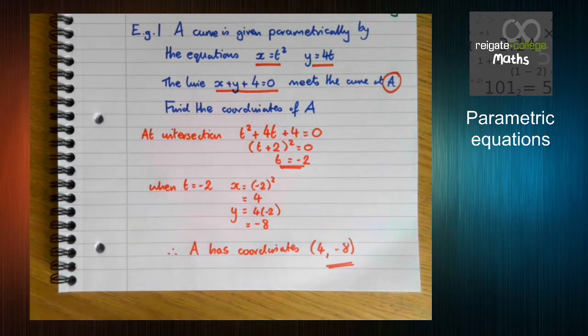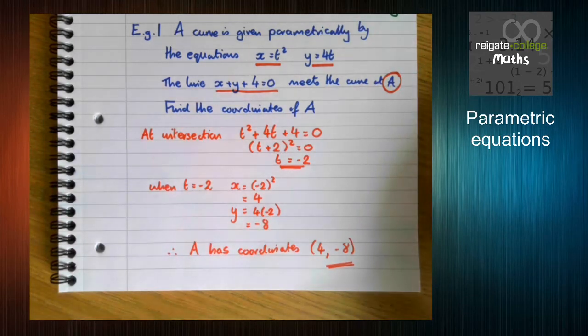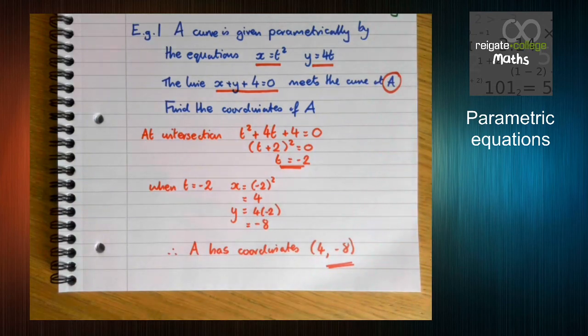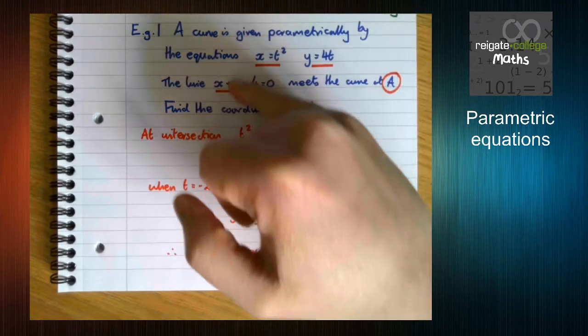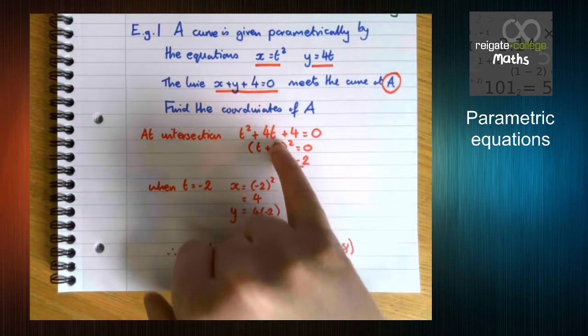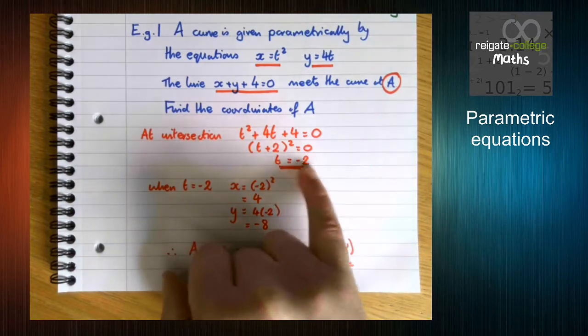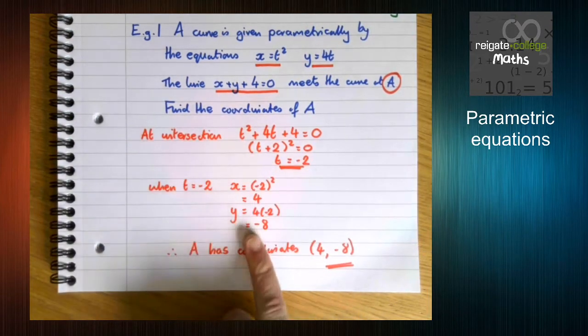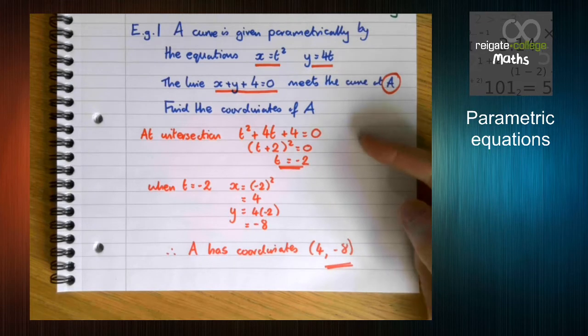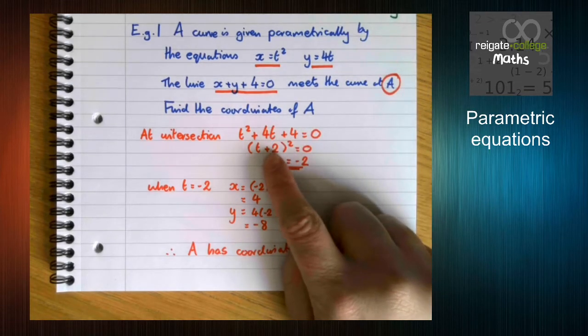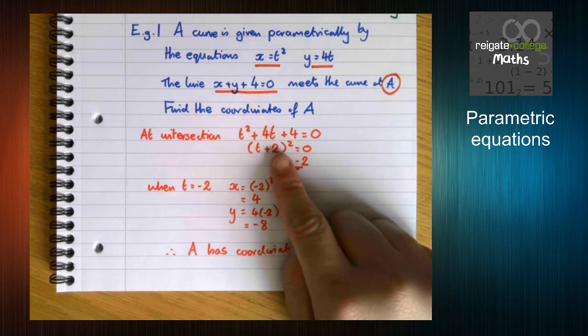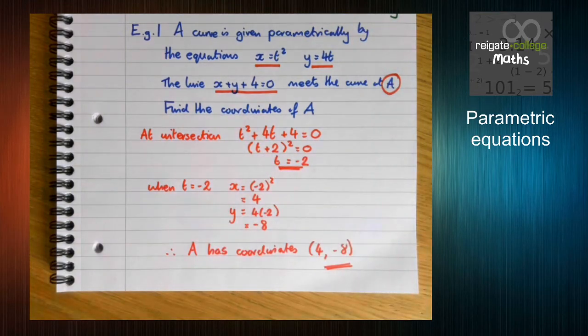And it's as simple as that. Now obviously other questions, and the next example we're going to look at, are slightly more difficult, but it's that general principle of using the information you're given to find an equation in t, to solve, and to then find your coordinates. Now obviously this one was a quadratic, and other quadratics may not factorize so nicely into a perfect square.